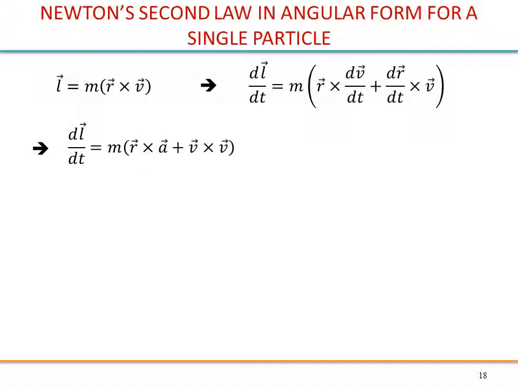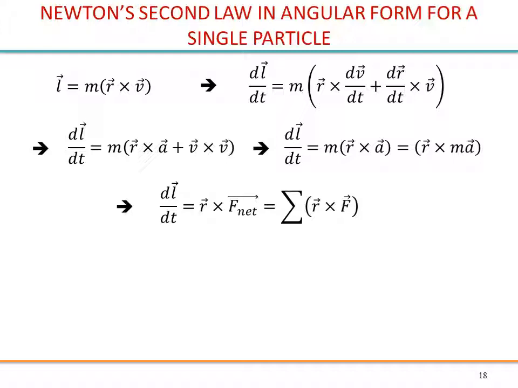We can also express it together with m, since we have F equal ma, so this becomes r cross product with F net. F net is the sum of the forces, so you can write it also like that, the sum of all the forces.